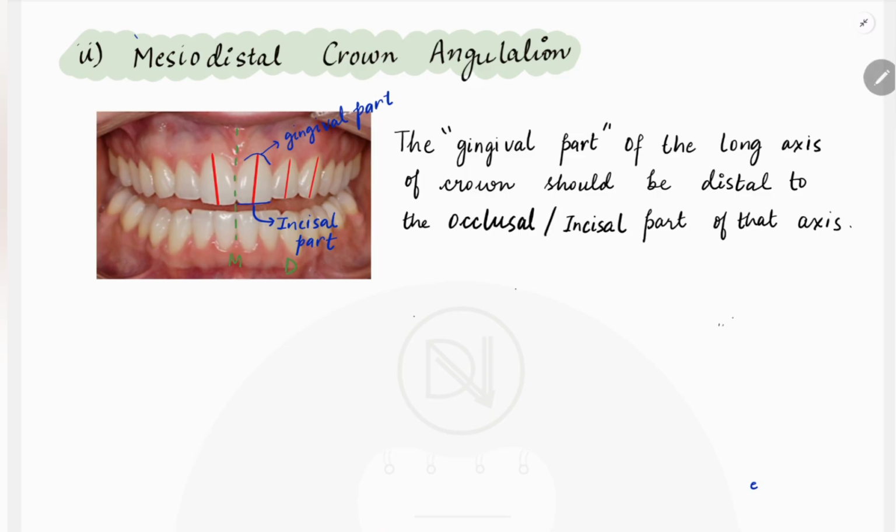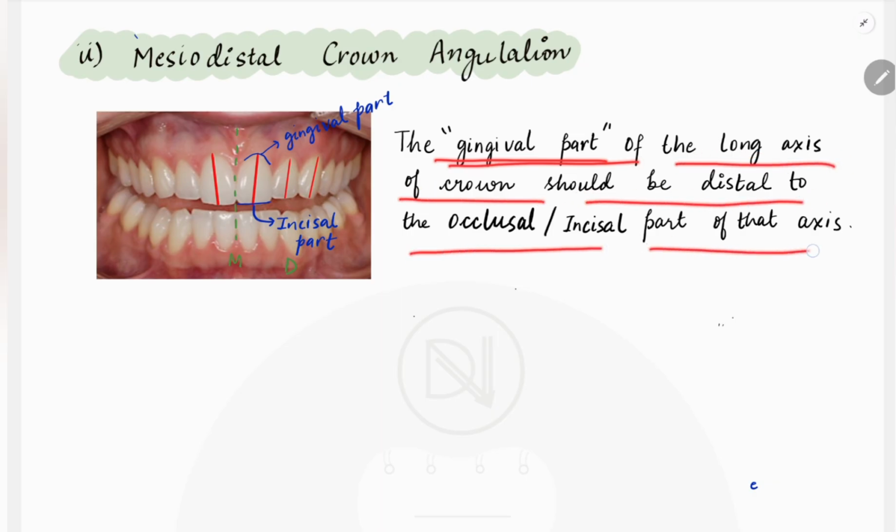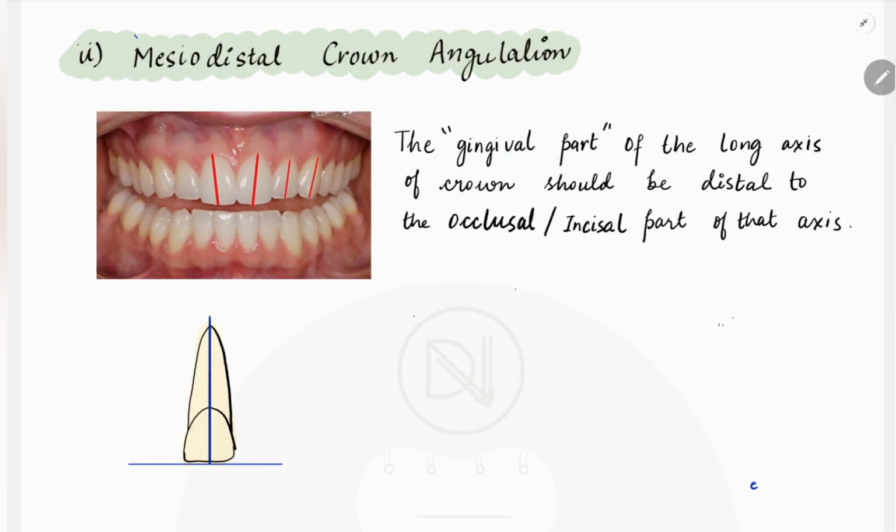So what does the mesiodistal crown angulation state? It states that the gingival part of the long axis of the crown should be distal to the occlusal or incisal part of the long axis. So in this image, you can see this is your incisal edge, and this is a 90 degree angulation to the long axis of the tooth. But this is not an ideal occlusion. There should be a slight tilt. Suppose this is your mesial side and this is your distal side.